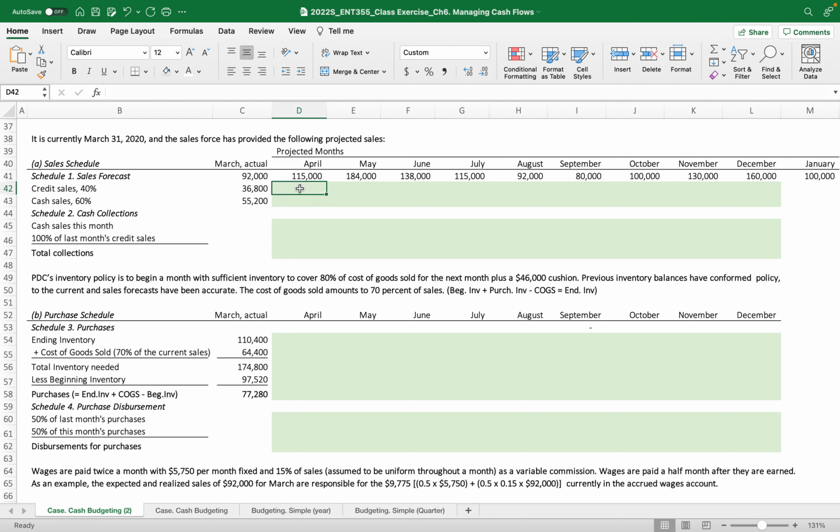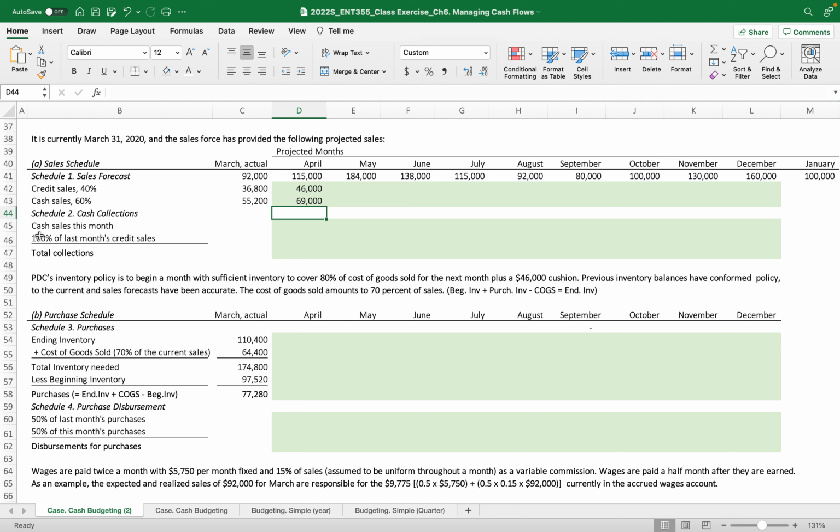So how do we make it? It's very simple again, exactly as indicated, 40%, right? And then it's also 60%. Again, it's based on your assumption, and that assumption should be explained by your actual business transaction.